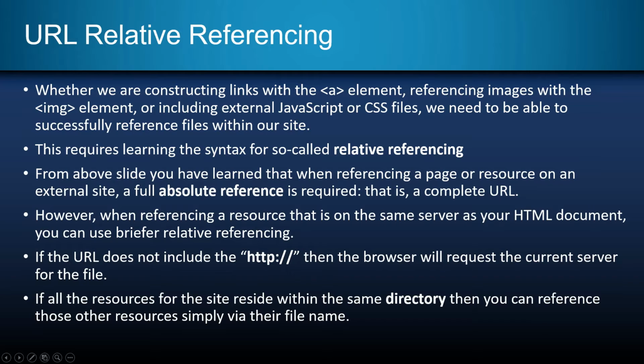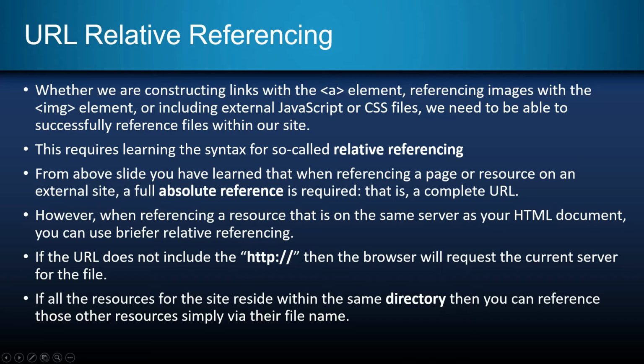Whatever the resource you are referring to, whether it is a JavaScript file, a CSS file, an image file or a link, we need to be able to successfully refer to that file within our site. If the reference fails, then your website fails, obviously, right? So this requires learning the syntax for so-called relative referencing.